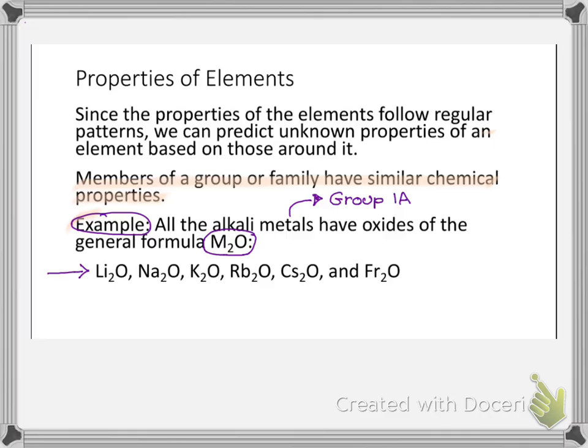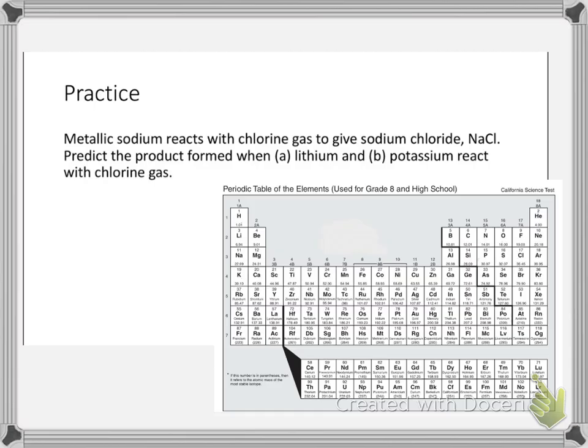So let's see how we could use the idea of this periodic law and information given about a particular element to predict about other elements on the periodic table. In this case, it says metallic sodium reacts with chlorine gas to give sodium chloride.